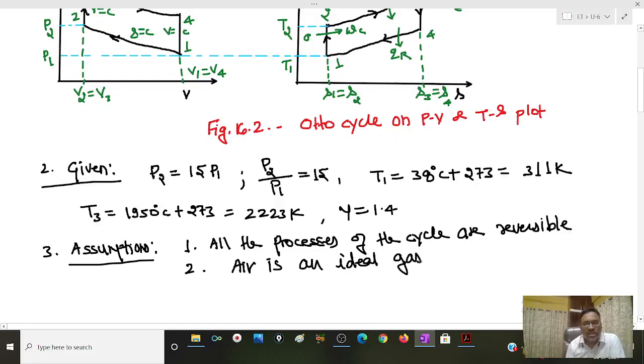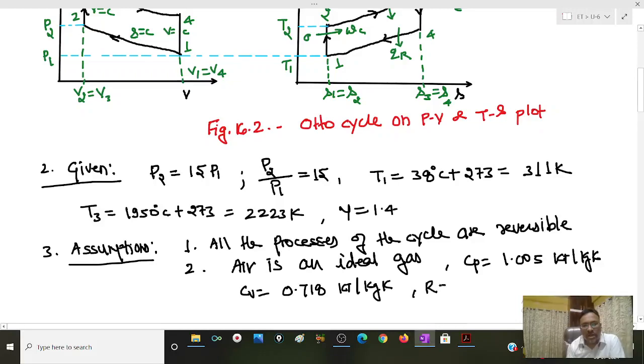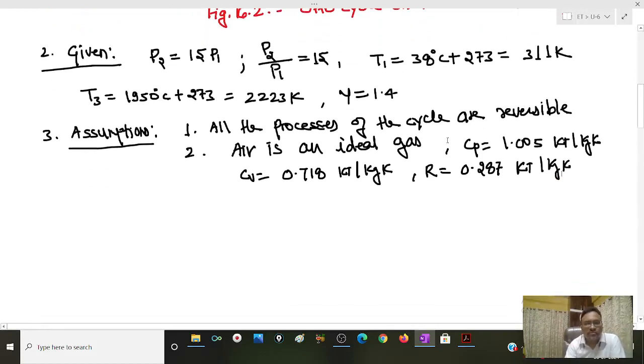When I am considering air as an ideal gas, I can take its Cp value as 1.005 kilojoule per kg Kelvin, its Cv value as 0.718 kilojoule per kg Kelvin, and the characteristic gas constant R value as 0.287 kilojoule per kg Kelvin. So these are the assumptions involved.